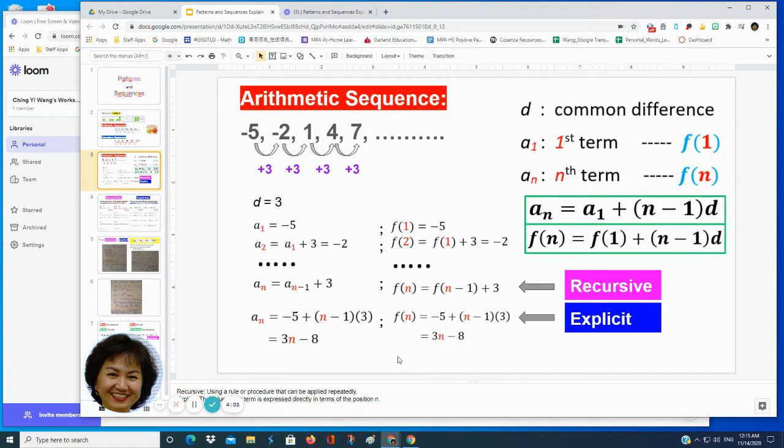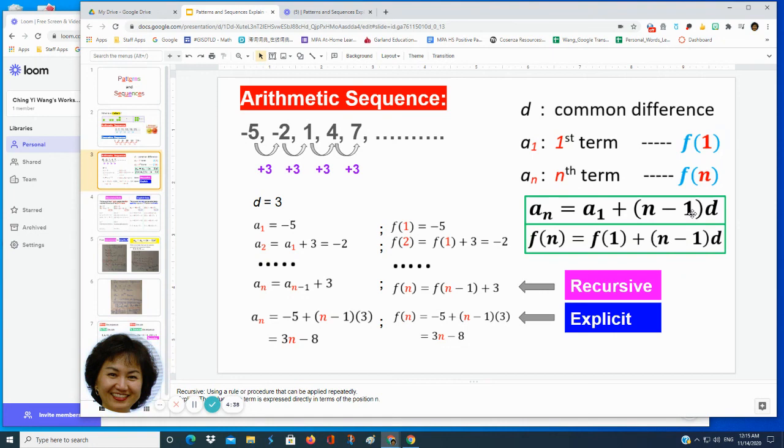Basically, recursive is using a rule or procedure that can be applied repeatedly. Explicit means you can get the value at the nth position directly using n. These two formulas are the same thing. Basically, they tell you how to find any nth term.